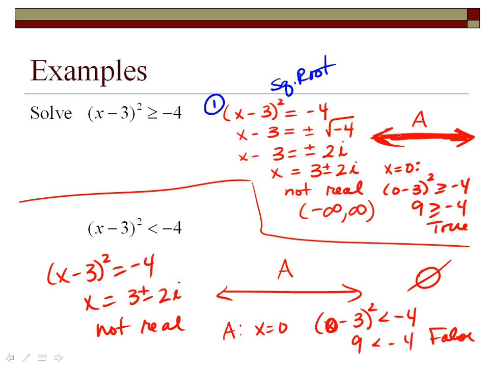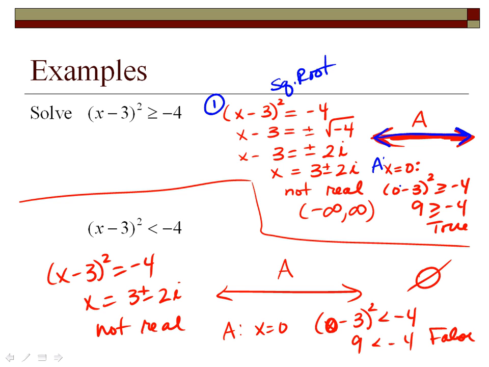So when I draw my number line and place numbers on my number line, there are no numbers to place. So I only have one region to test, region A. And pick any number off the number line you like. So I'm going to plug in 0. If you plug in 0, 0 minus 3 squared is 9, right?